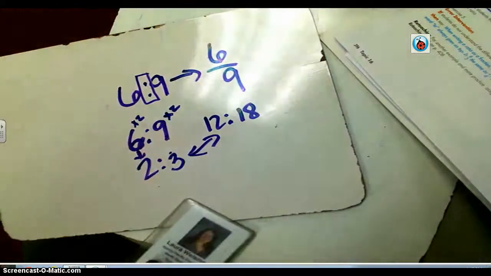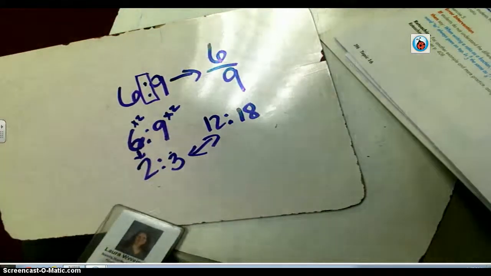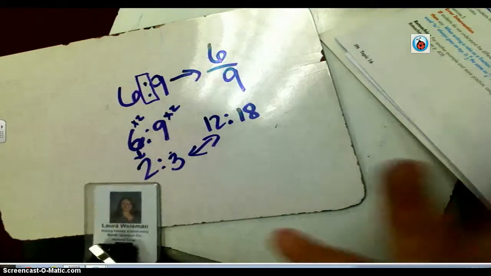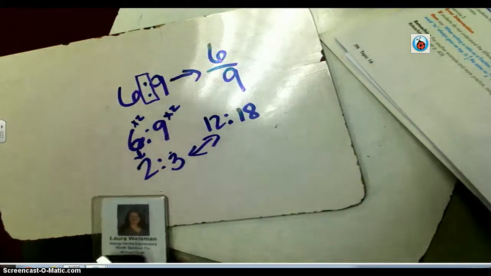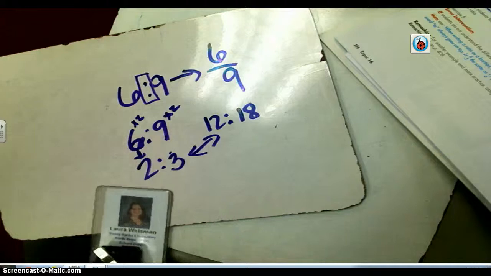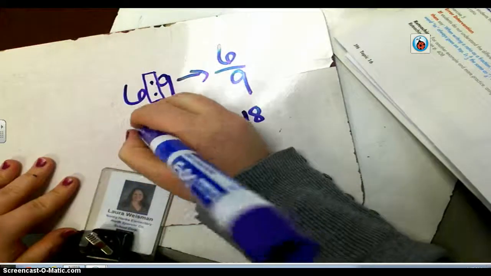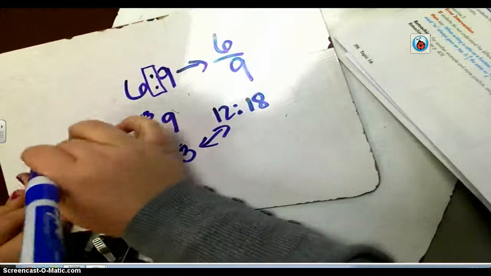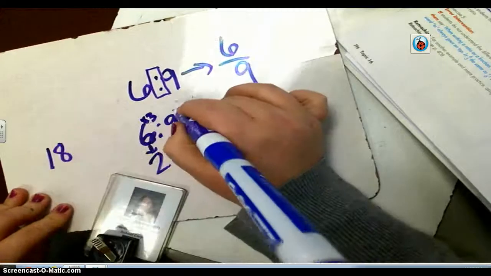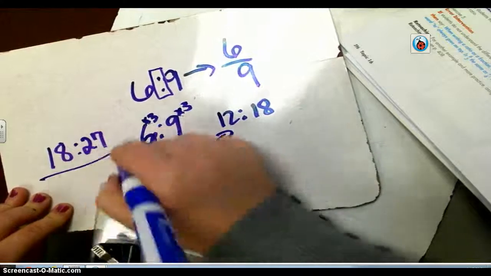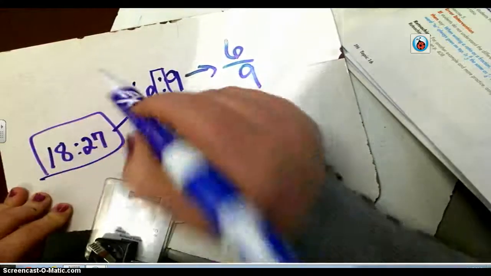Okay, so I can make equivalent ratios by making them smaller or reducing them. Or I can make equivalent ratios by whatever I multiply one number by, I multiply the other number by. So I could say 6 times 3 is 18. 9 times 3 is, this would be another equivalent ratio to 6 to 9.